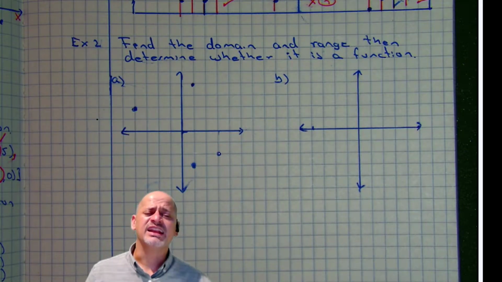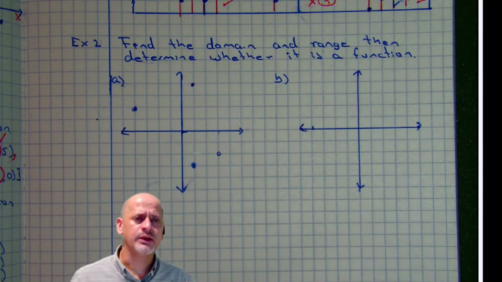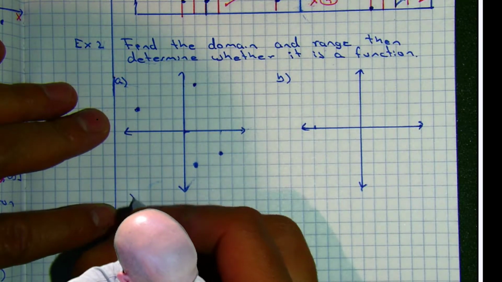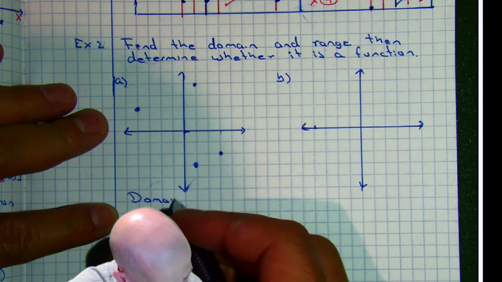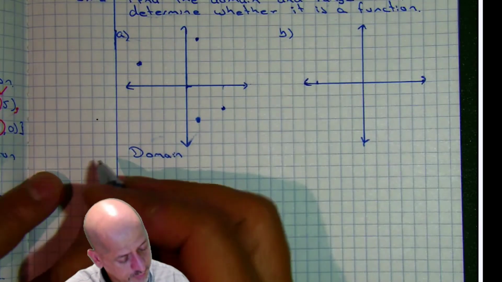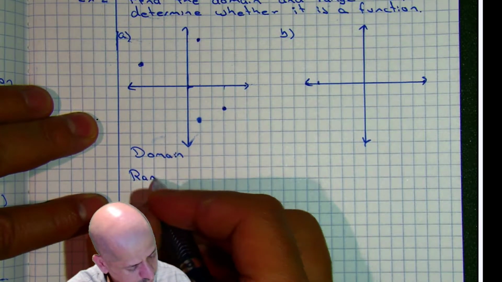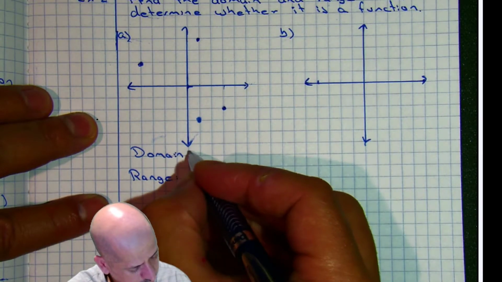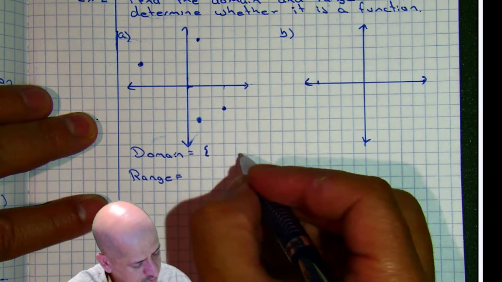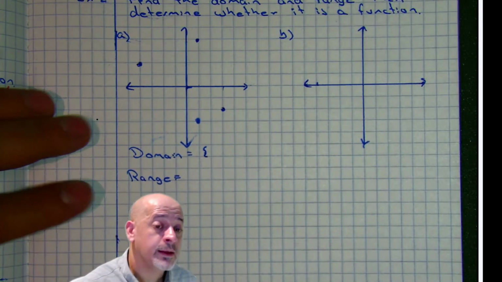So first, let's decide, is this a function? Well, let's go and find the domain and range first. That might be easier, right? So we're going to write down domain, and then we're going to find the range right underneath. And in this case, we're going to place it as a notation.